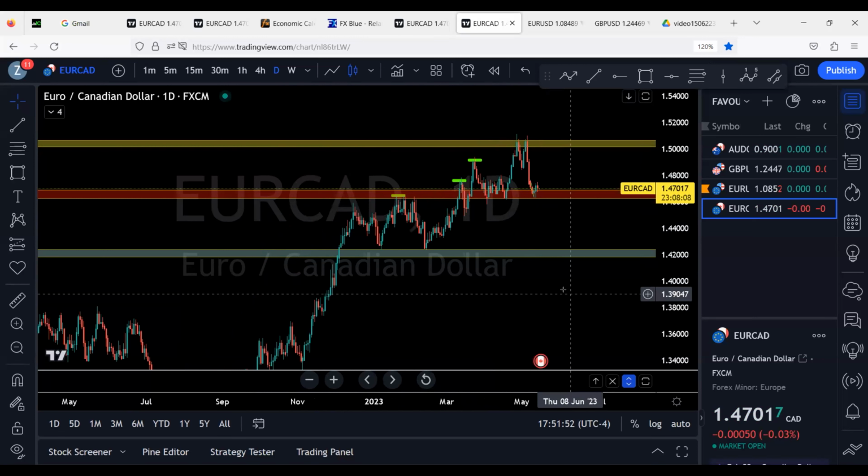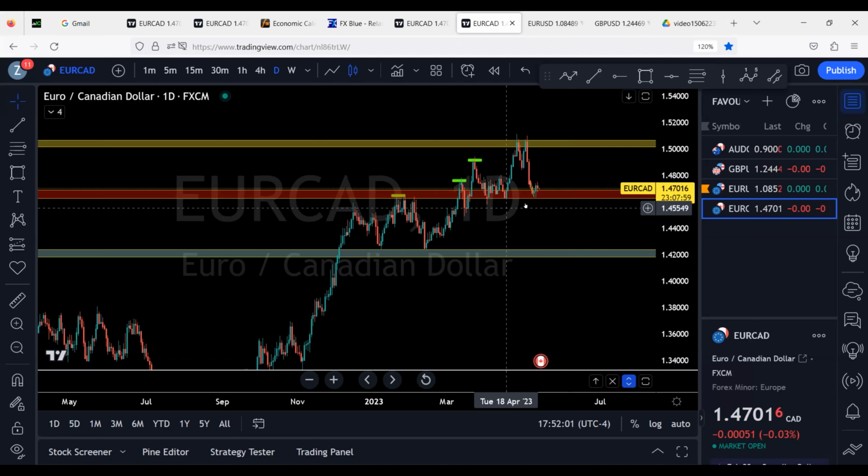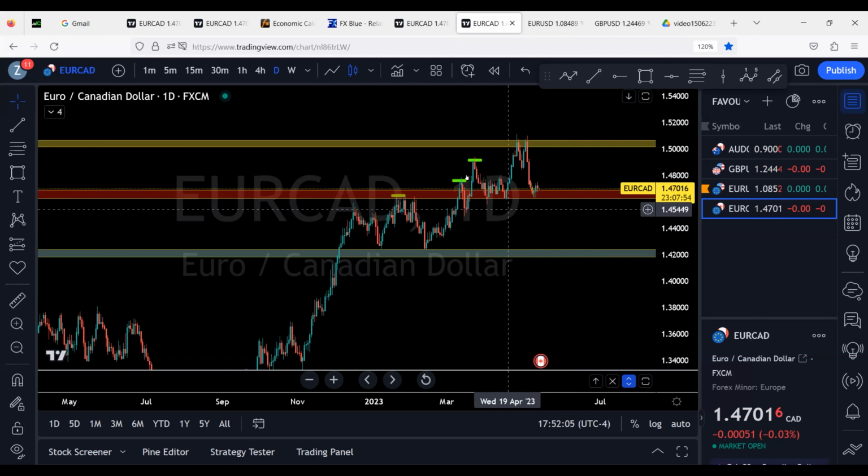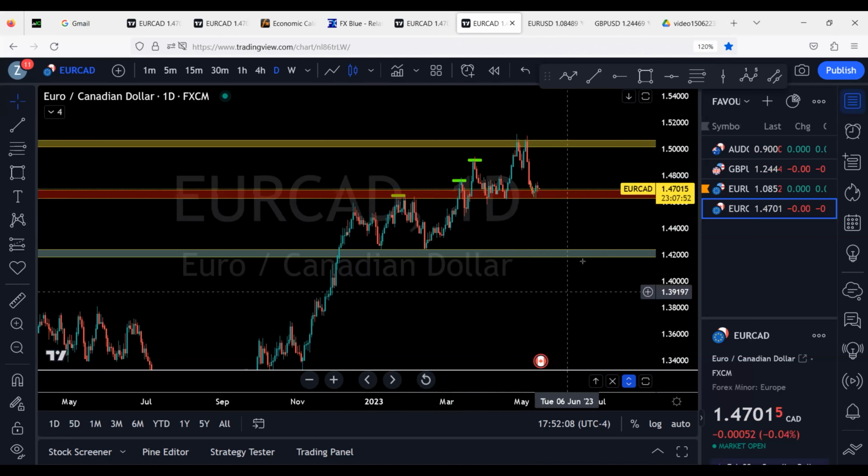So drawing your support and resistance lines is very, very important. They're your lifelines in the market, right? So you have to ensure that you draw them up, know where they are, and know that you're not going to be entering here for any sells, because we've come here before and had multiple rejections. So you're going to wait. Again, wait for price action before you do anything at these levels. Patience.